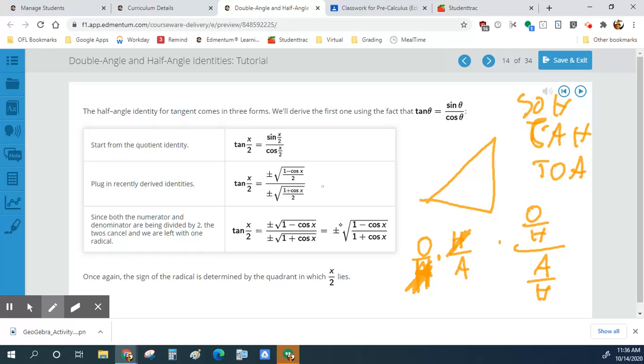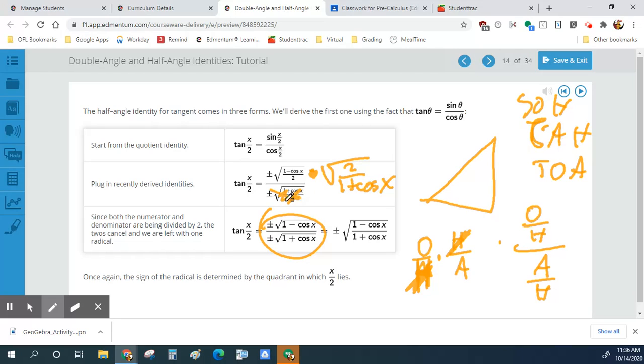What they're going to do, they don't really show it, but they end up flipping this. So they flip this over to make it times the square root of 2 over 1 plus cosine x. So that's where they get this from.